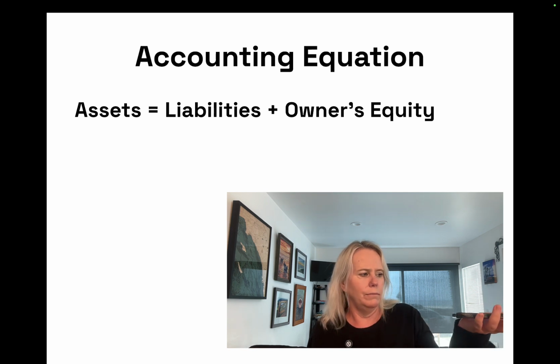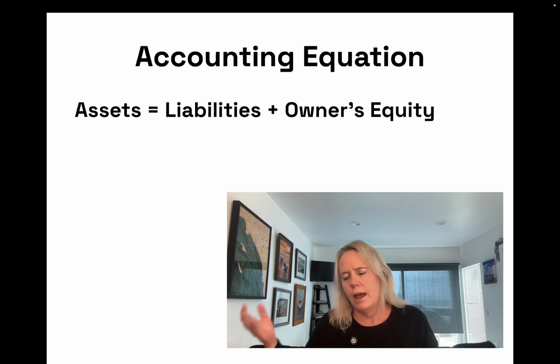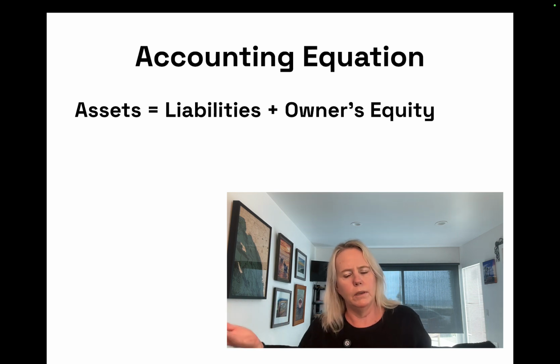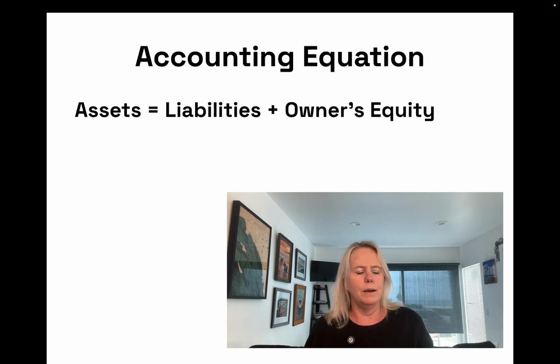So I have a $500 iPhone, I know iPhones don't cost $500, and $500 in capital. Okay, so there's my assets equaling liability plus owner's equity. In that instance, my liability is zero because there's no loan involved in me purchasing an iPhone.